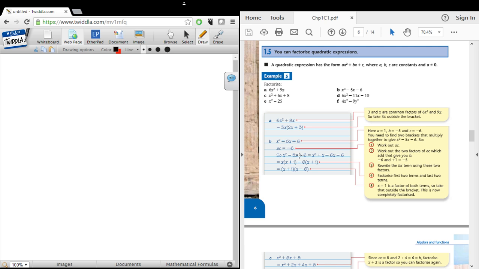Then you insert them into the equation as is done here, and then we begin to factorize. So we can see that the x squared and the x are used together, and they've taken out the x, and likewise for the latter part of the expression you can see that the 6 is taken out and what's left has been put in the brackets.